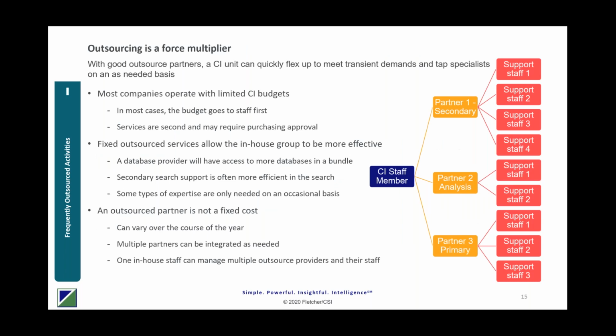Again, outsourcing is a force multiplier. A quick way to look at that is, as a CI staff member on your company, you may manage 3-4 partners with different functions around there. And each one of those partners may have 3-4 different employees working on the job.